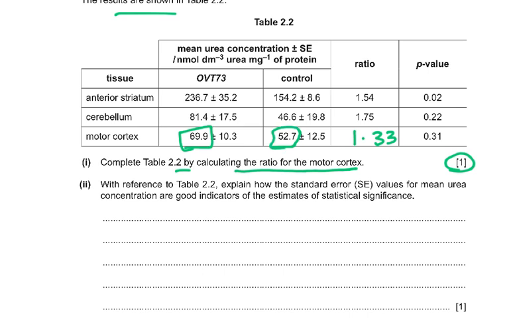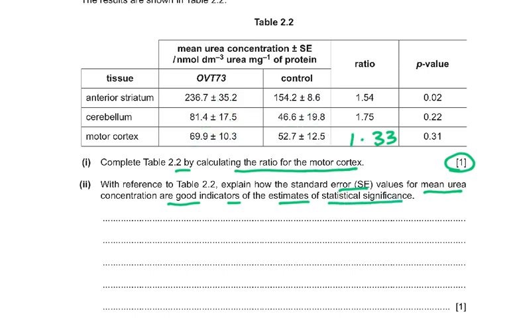Then with reference to table 2.2, explain how the standard error values for mean urea concentration are good indicators of the estimates of statistical significance.